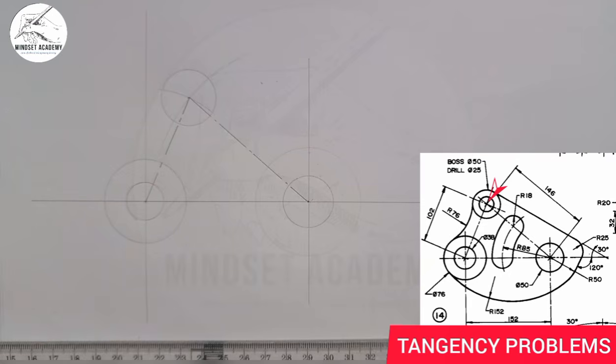Then the next one, we have the internal one, which is given as a drill of 25 diameter. So if I divide 25 by 2, I'll be having 12.5. Now I'm going to divide that 12.5 by 2 again, and that will give us what? 6.25, right?